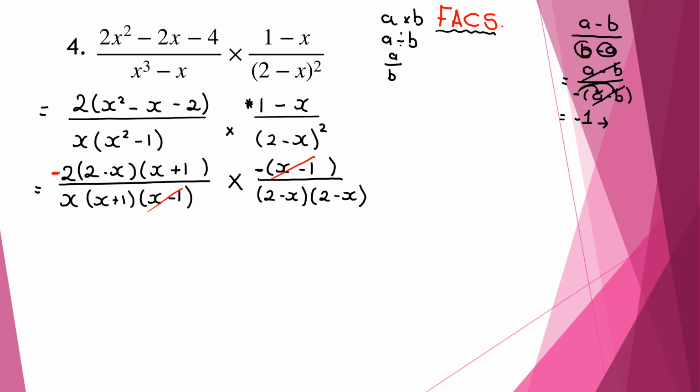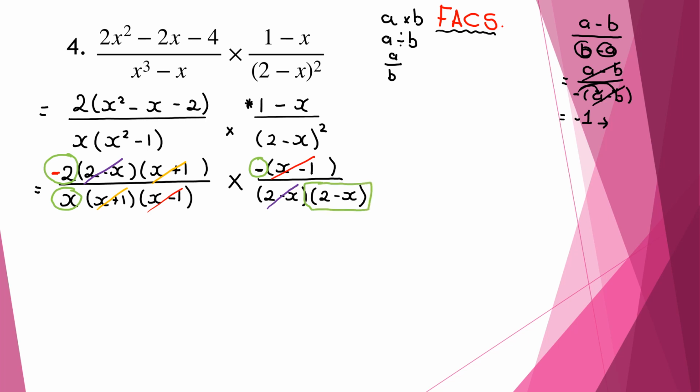Okay, the x plus 1 will cancel with the x plus 1, and the 2 minus x will cancel with the 2 minus x. Okay, and so now in green I'm going to circle everything that is remaining. So what remains is that we have this minus 1, we have x, and we have the 2 minus x.